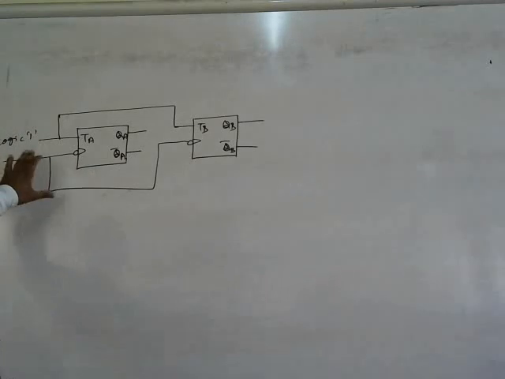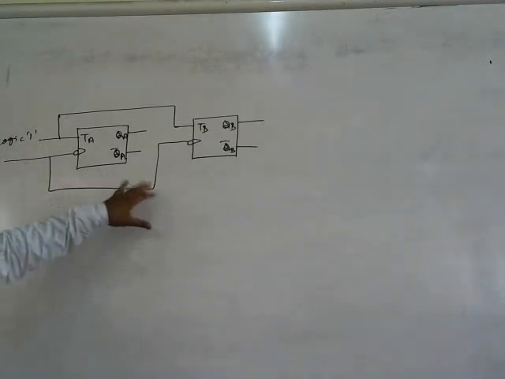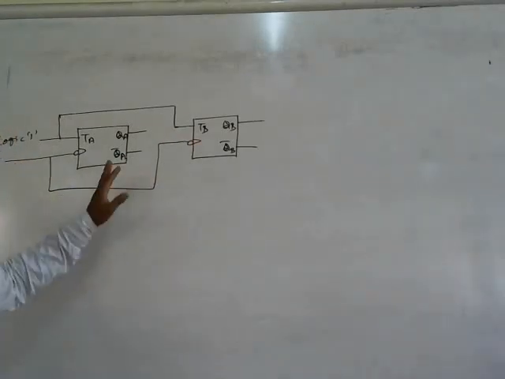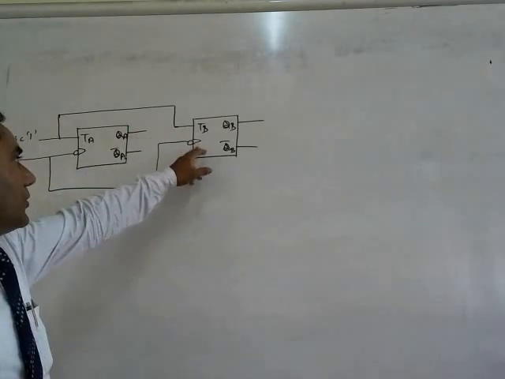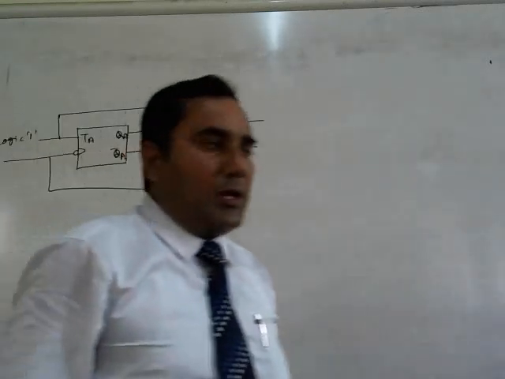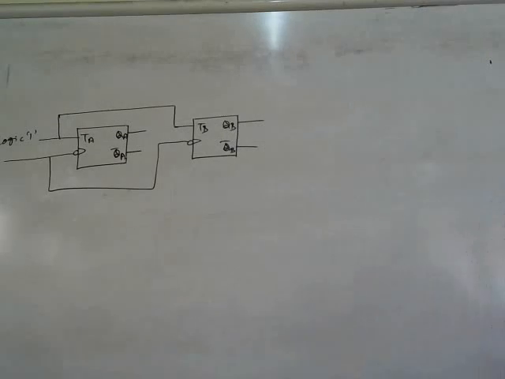So that's the concept of synchronization. Means a single clock pulse is applied simultaneously to all the flip-flops. But in the case of the asynchronous counter, the output of the first flip-flop is connected to the clock of the second one.